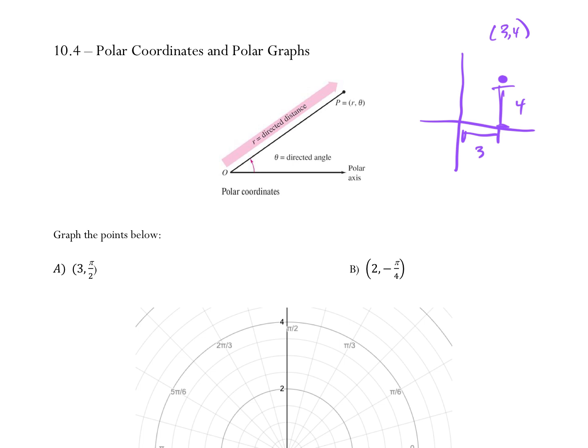So today we're going to introduce polar coordinates. And basically, I could just as easily describe this exact same point as a radius and an angle. Okay? So it's the same point, right?